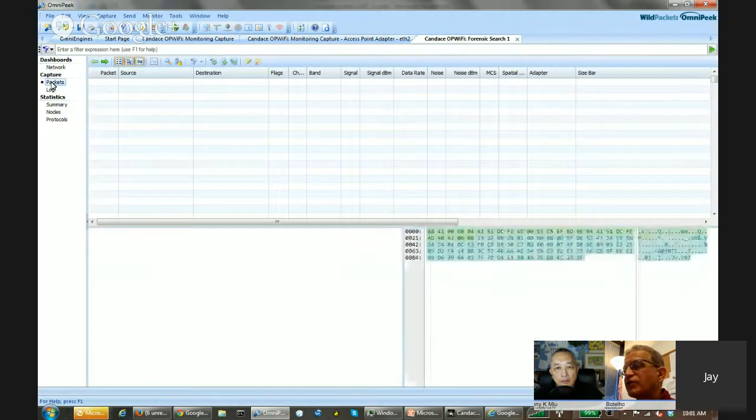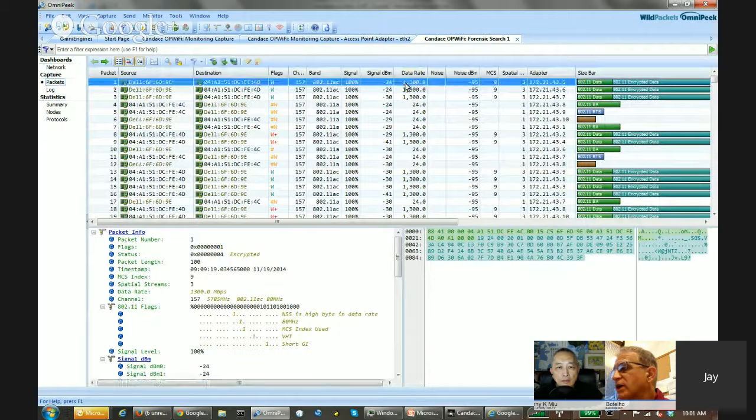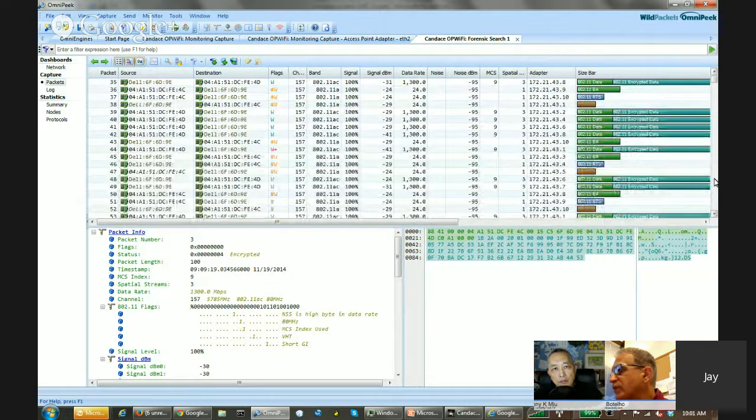We can go into our packets view and see exactly what's been going on in that data. And as you can see, in that packets view, a lot of our encrypted data has been captured at 1.3 gigabits per second because we're using a 3-stream AC client to generate a lot of this encrypted data. We can see all of our management packets, everything about this network we can see here.